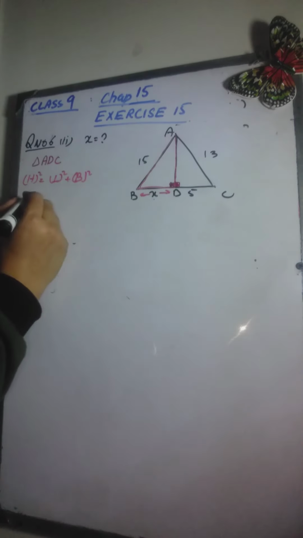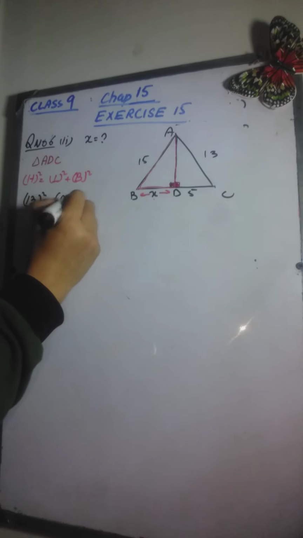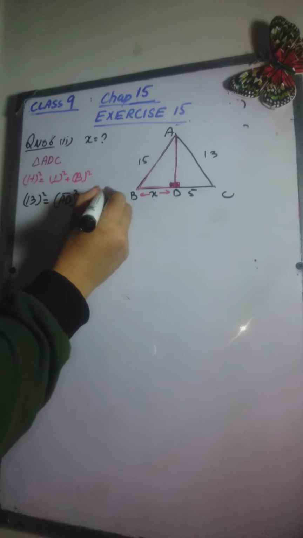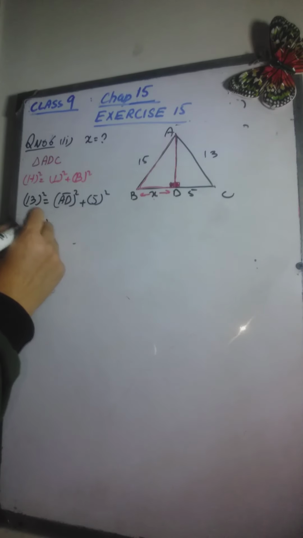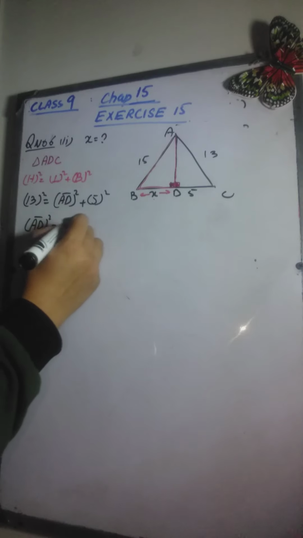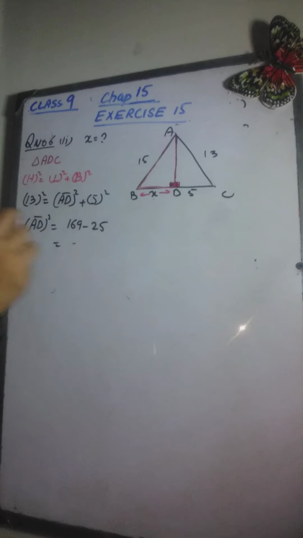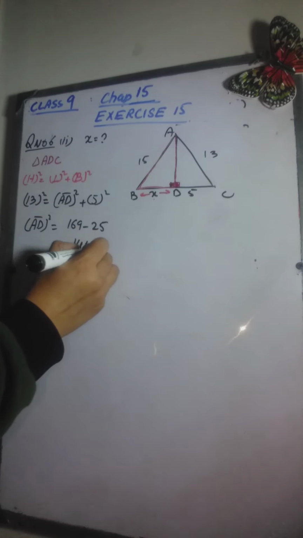Okay, so putting the values, 13 square will be equal to AD square, which is the required length, plus base. Base is 5 whole square. From here, AD whole square is equal to 13 square is 169 minus 25. So AD whole square will be equal to 169 minus 25, which is equal to 144.